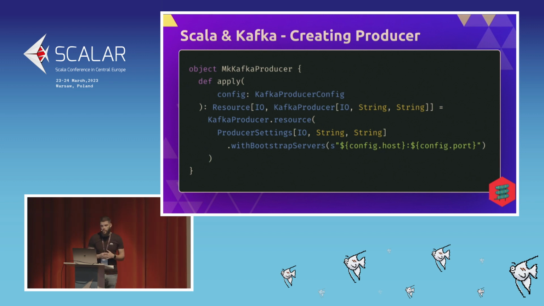The recommended approach is to use the KafkaProducer.resource method, which will just take Kafka producer settings as the input, and it will return an FS2 Kafka producer that is wrapped in a Cats Effect Resource. We all know what a Resource is. It's a widely used data type in functional Scala code bases, and it just ensures, in this case, that the producer is properly closed after use.